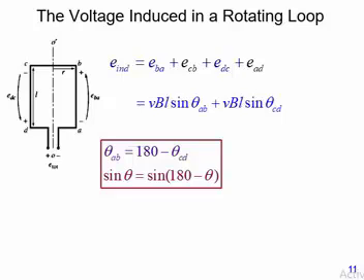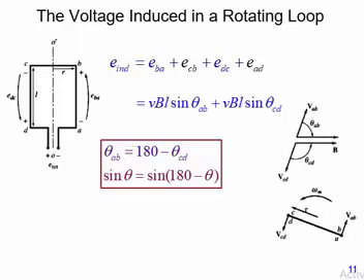But we know that sine theta is equal to sine of 180 minus theta. Applying this formula, it can be written as 2 VBL sine theta.